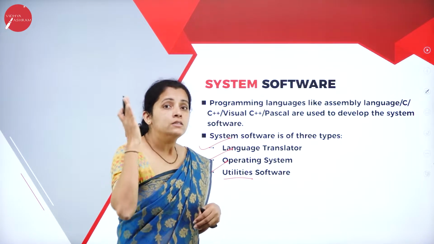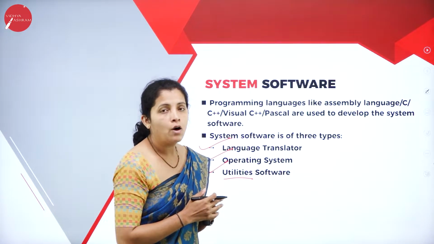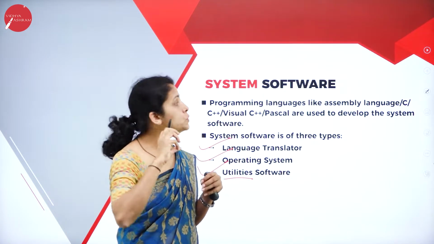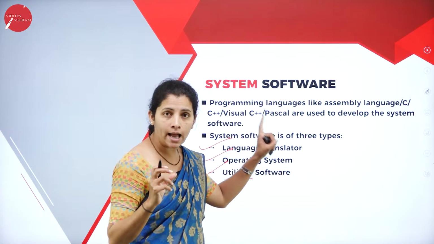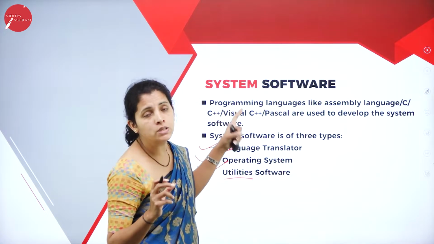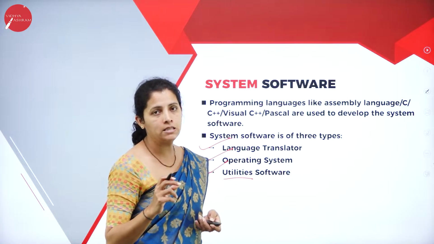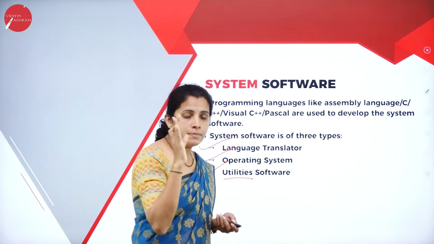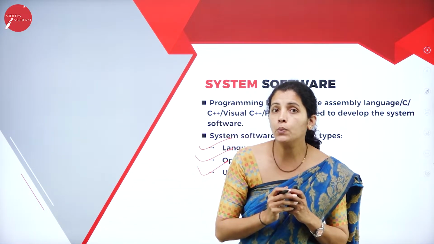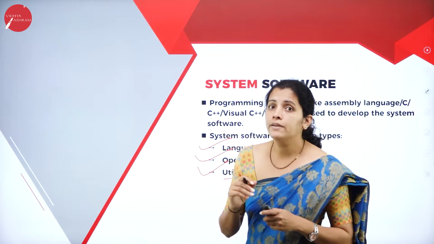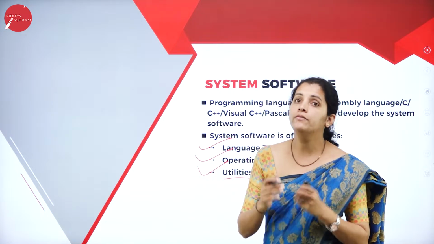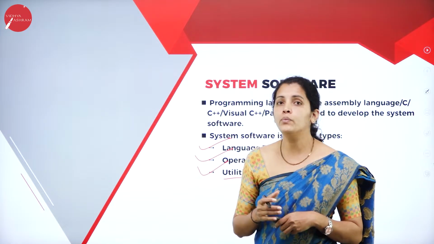To develop system software or system programs, we use programming languages like assembly level, C, C++, Visual C++ and Pascal. So dear students, just remember here what is software, the types of software, along with the three different types of system software, are very, very important from the examination point of view.